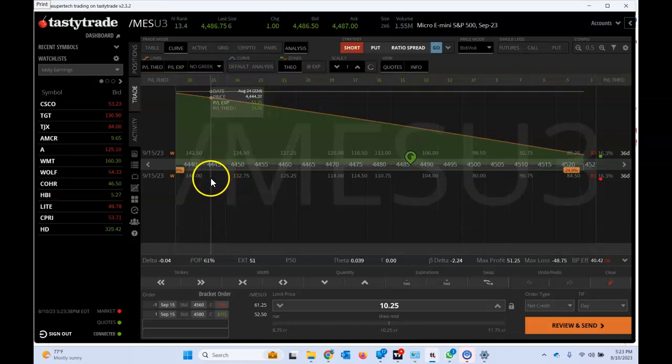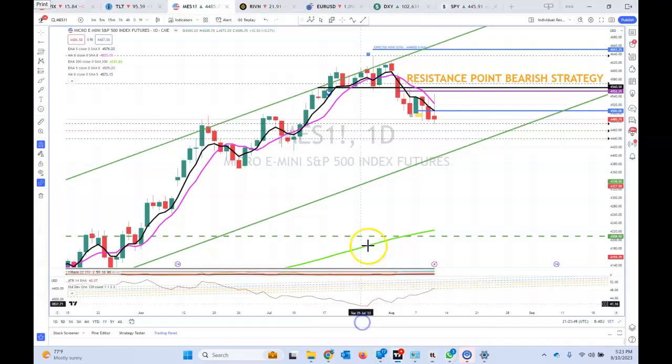So we're at 4444. Okay, we'll just say 4445. How does the chart look for this price level at 4445? At 4445, we are still inside of the channel here.